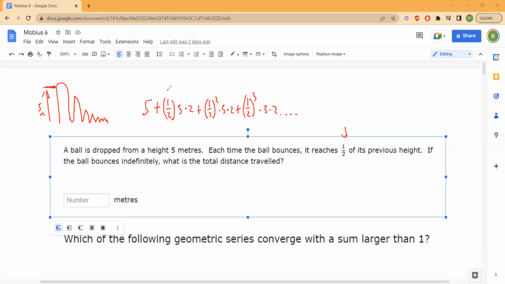First I will factor out 5. If I factor out 5 out of everything, what I'm going to get is 5 times 1 plus 2 times a half, plus 2 times 1/2 squared, plus 2 times 1/2 cubed.